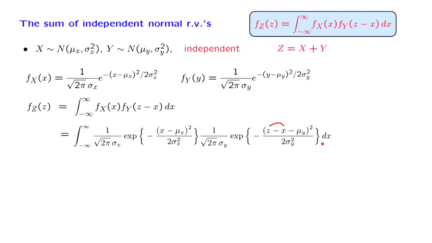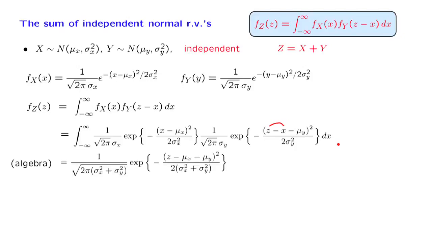Now this is an integral that looks pretty complicated, but it is not too hard to do. One just needs to be patient, rearrange terms, collect terms, and the details of the calculations are not as interesting, so we will skip them for now, and I will just tell you that the final answer takes this form.